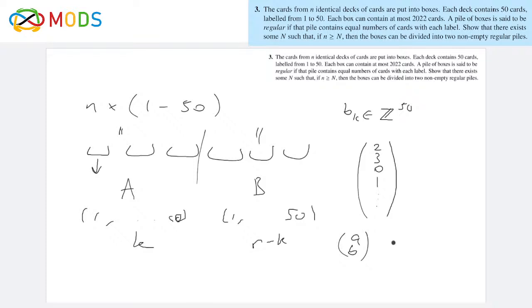I go from here to here without touching the center line. It's like the grasshopper problem. Yeah, I know.